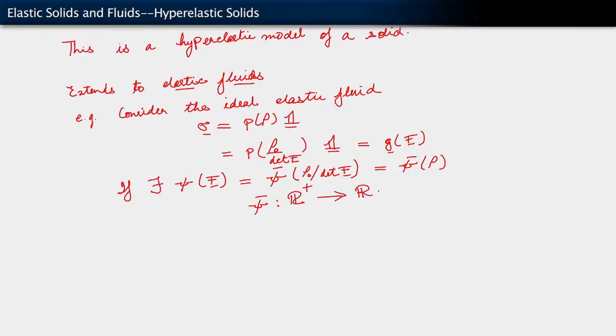So if we start out from here, our function sigma, which is now P as a function of rho times this, is essentially the derivative of psi with respect to F, times, sorry, I need to have more stuff here.